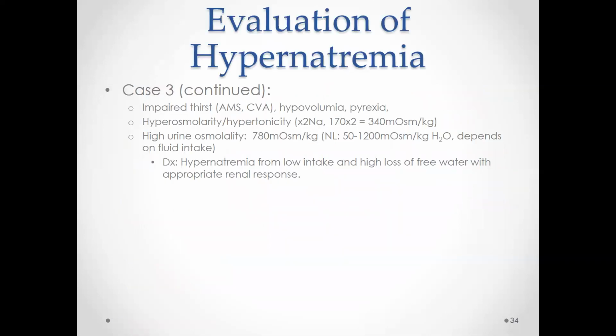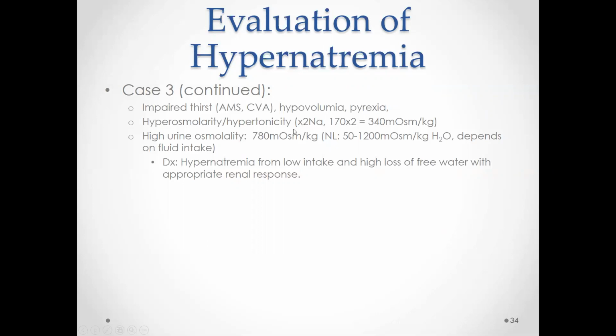Just to evaluate this patient, we generally look at the whole picture, the history. She has altered mental status and CVA history. Unlikely she can provide her own water, so decreased water access, decreased thirst, and she's also hypovolemic. She was febrile as well. Next, we look at labs.